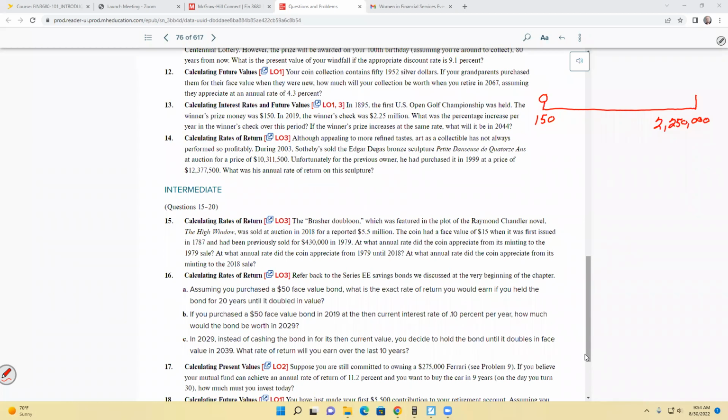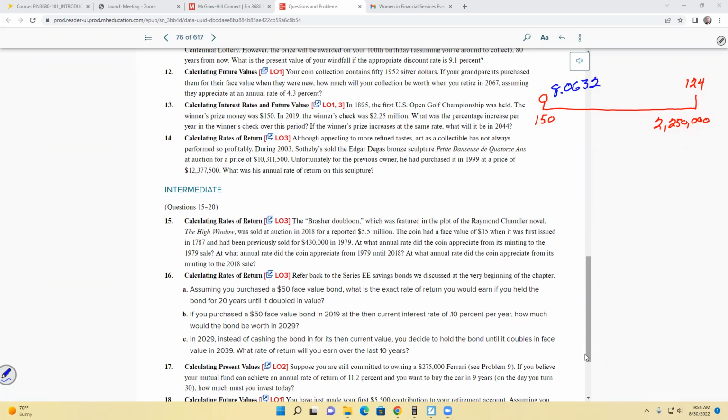So from 1895 to 2019, how many years do we have there? Okay, 124. What's the appreciation rate of the winnings there? 8.0632. Okay.